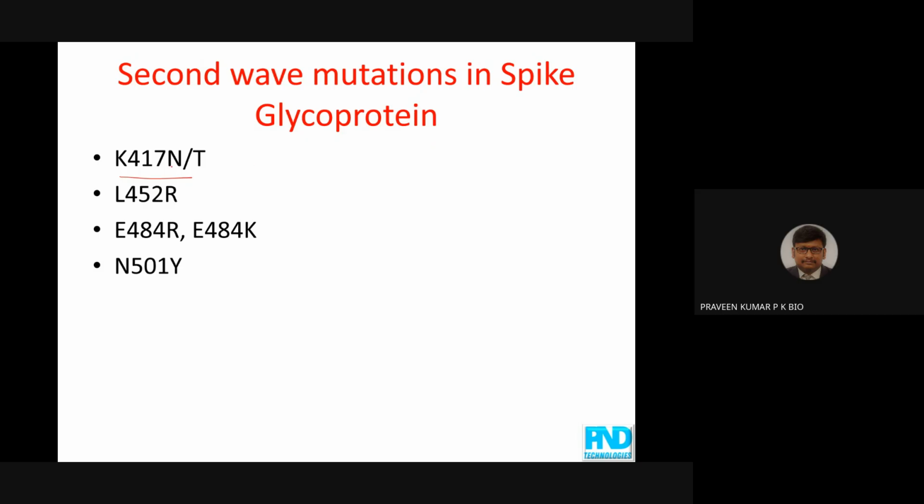So K417 is one strain, K417T is another strain, and similarly L452 is another strain. For each of these strains, we can come up with MHC1 and MHC2 peptides for a specific community population. This is actually precision-based medicine. We can design vaccines specifically for the Indian community.